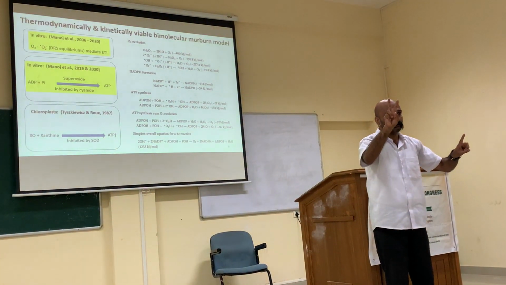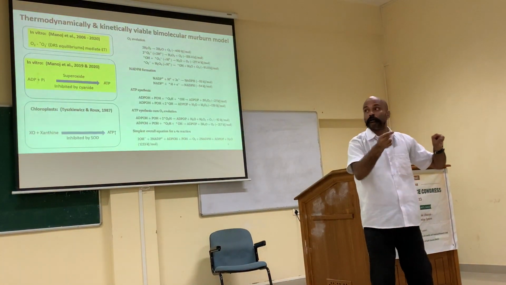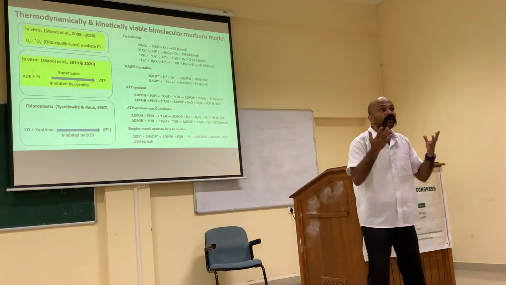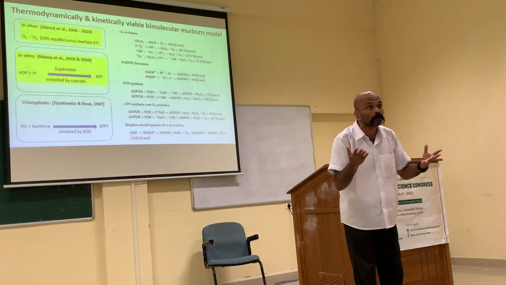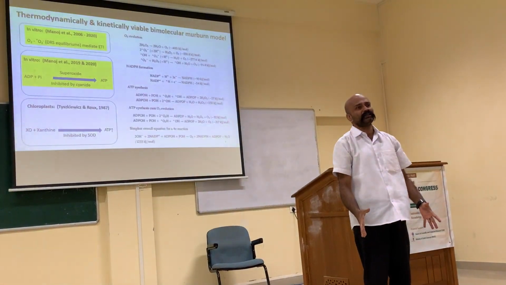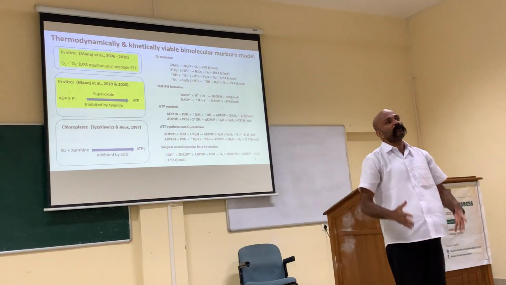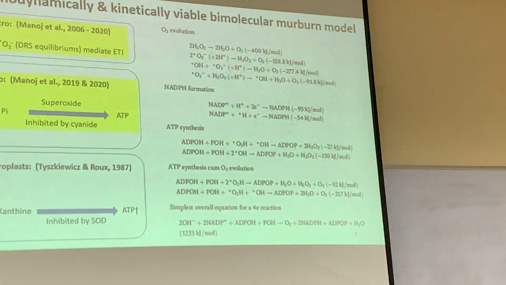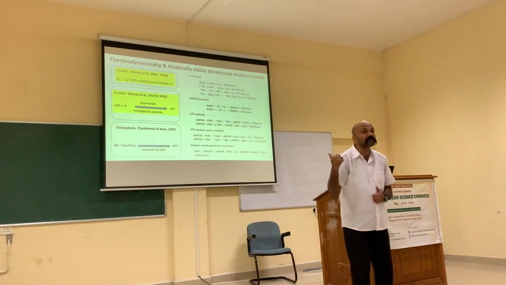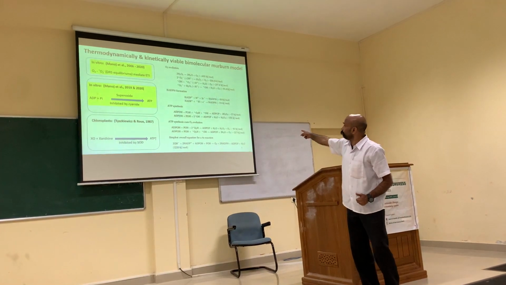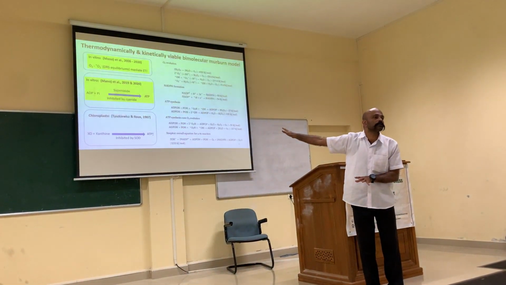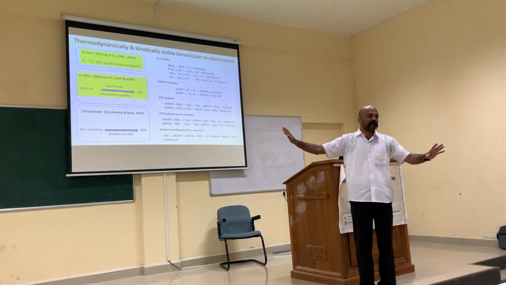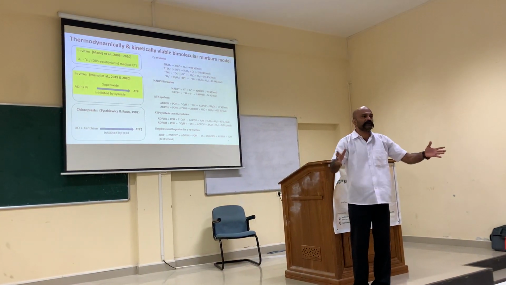It can easily get reduced, at minus 270 kilojoules per mole. It's the most facile reaction. That's why it became so important for us. Without oxygen, we cannot live for more than a couple of minutes. So you see, these are all bimolecular reactions, madam, and they are highly facile. The other ones are not facile.